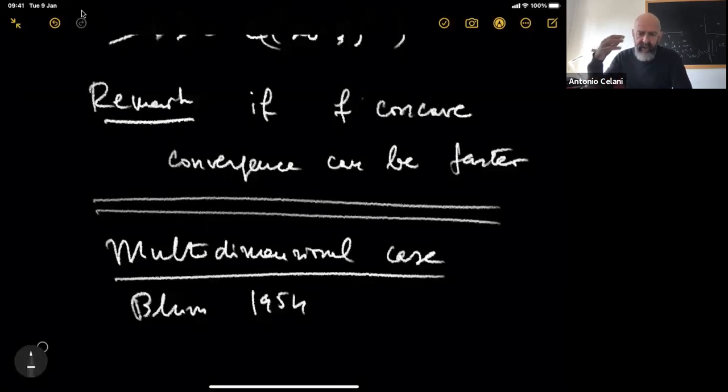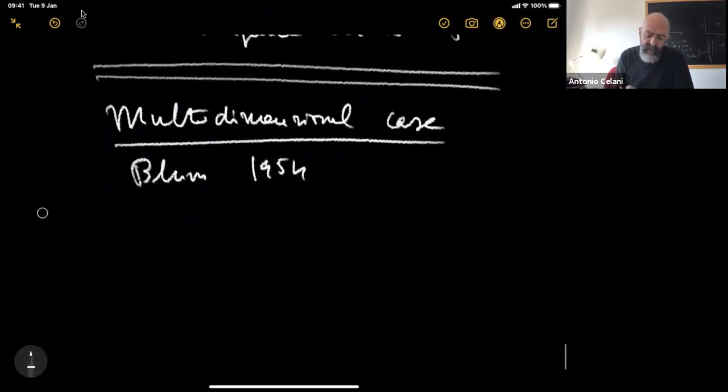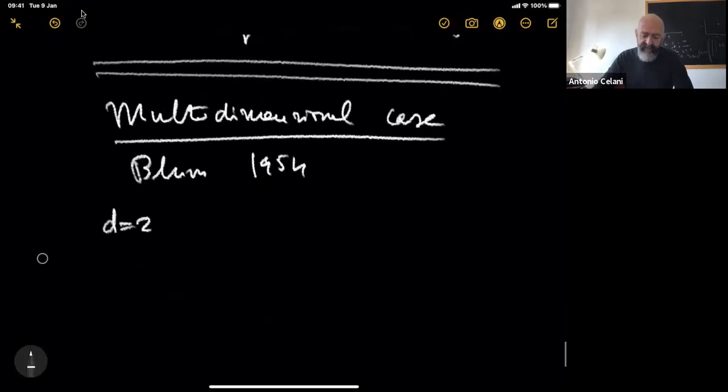But I want you to reason a little bit about what the problem becomes, because this is important when you want to apply this to the value function. Remember, this is our final goal. So, for instance, in 2 dimensions, what does this problem become?